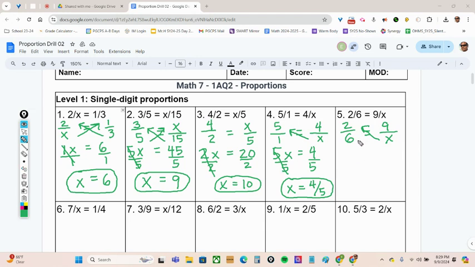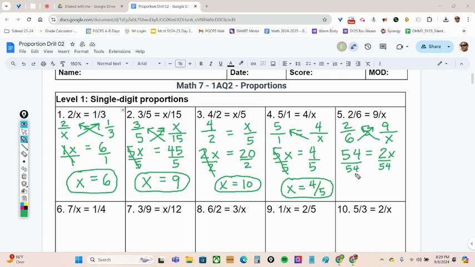I could do the 6 times 9 equals 54 equals 2x. The only thing you have to remember is that you would not divide both sides by 54.